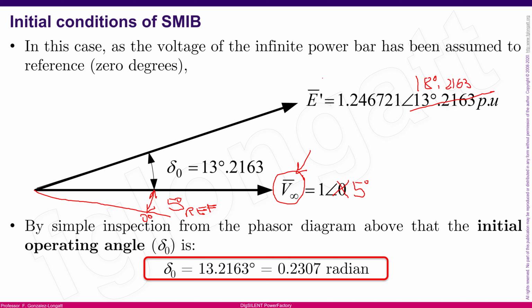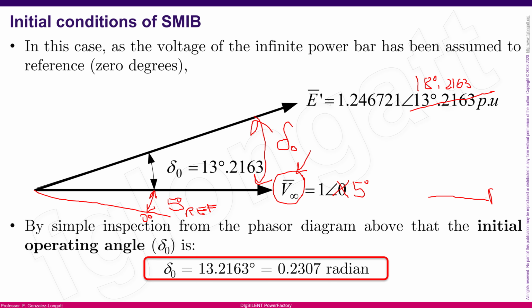And then we have here the location for the phasor internal voltage of the synchronous machine, and this one is 18.21. The difference here is what we call delta 0. The angle between those two phasors is what we call the initial operating angle, okay?